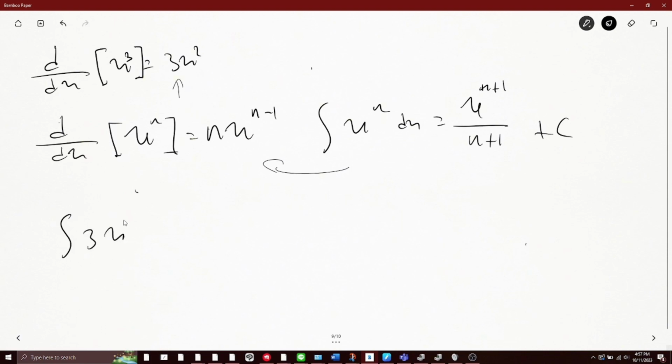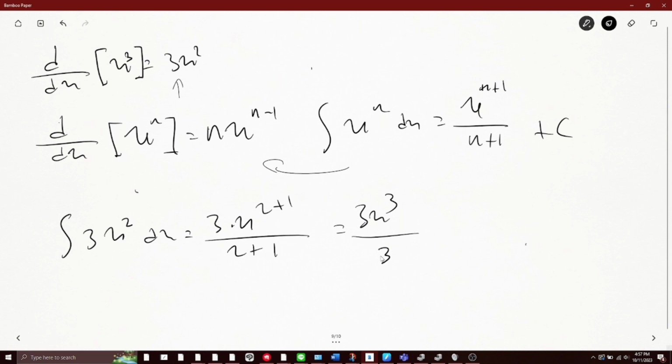The antiderivative of 3x squared dx is going to be 3 times x to the 2 plus 1 over 2 plus 1. By the result, we get 3x to the power of 3 over 3. In this case, we can just cross these two out, and we get the antiderivative, which is x cubed plus c.